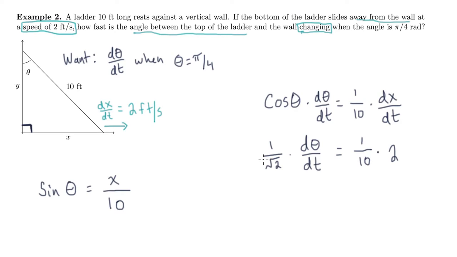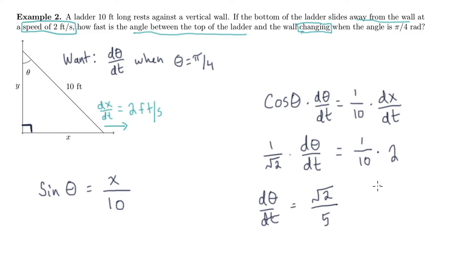Okay, so then d theta/dt is, okay, so 1/10 times 2 is 1/5, so it looks like it's going to be square root of 2 divided by 5.